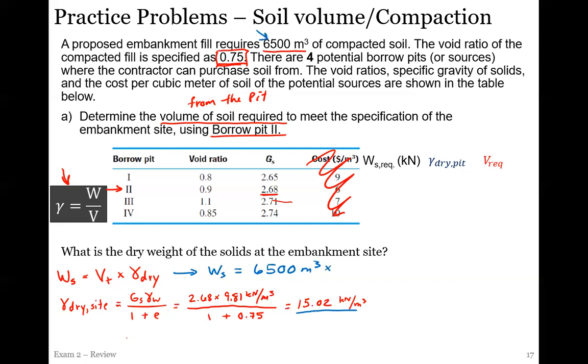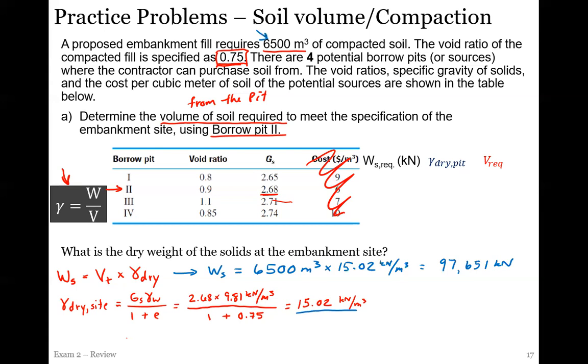And then the density of that is going to be 15.02 kilonewtons per cubic meter. So the cubic meters cancel out, and 97,651 kilonewtons of soil is going to be required at our embankment site.